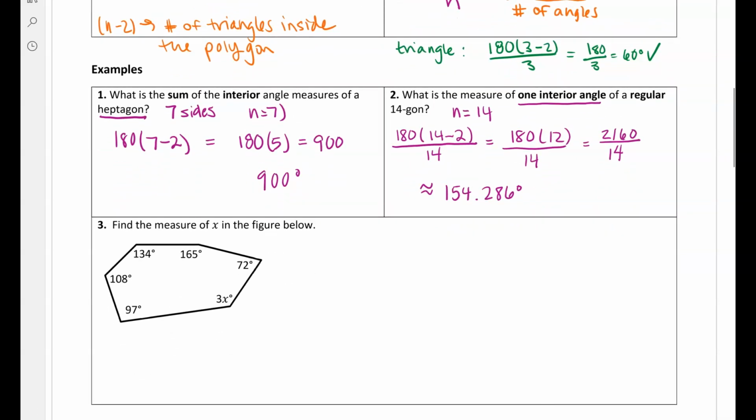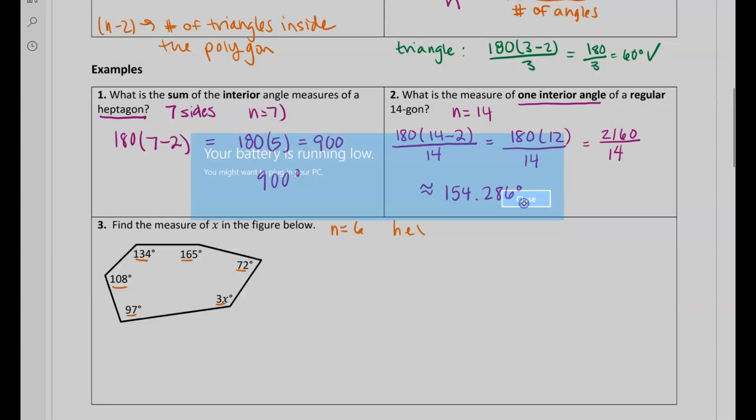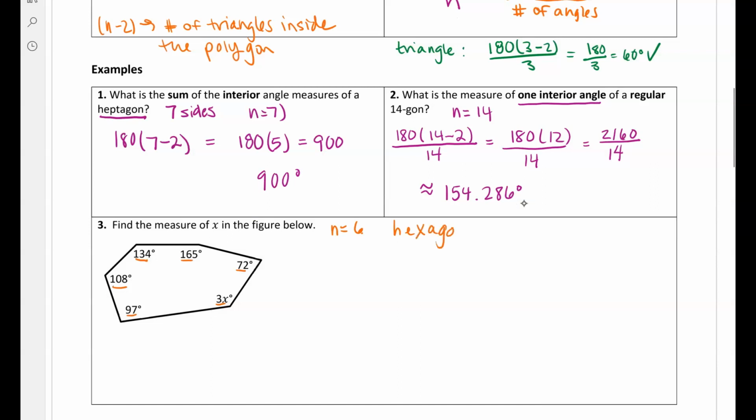The last example for this section is to find the measure of x in the figure below. First of all, we can tell this is not a regular polygon because all of the angles are not the same. I need to know what type of polygon it is, so I can count the sides or the angles. There's 1, 2, 3, 4, 5, 6 sides and angles. If n equals 6, that is a hexagon.